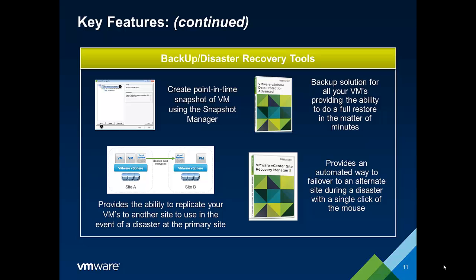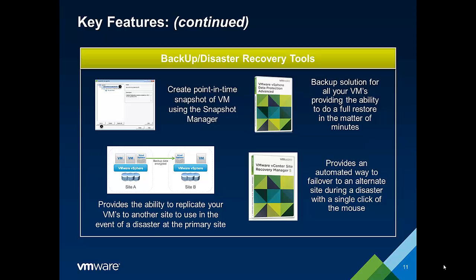Then we have some disaster recovery type tools. The first one being vSphere Replication. vSphere Replication is more of a manual method of disaster recovery. Now, with disaster recovery, typically you have, say, two sites, and in the picture here you see site A and site B. Site A may be our main site.